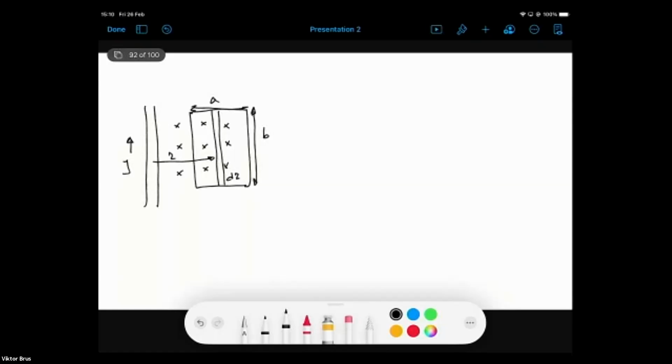So now let us try to calculate magnetic field flux through the whole area defined by this rectangular frame. So it will be equal to the integral of the scalar product, which we mentioned previously.